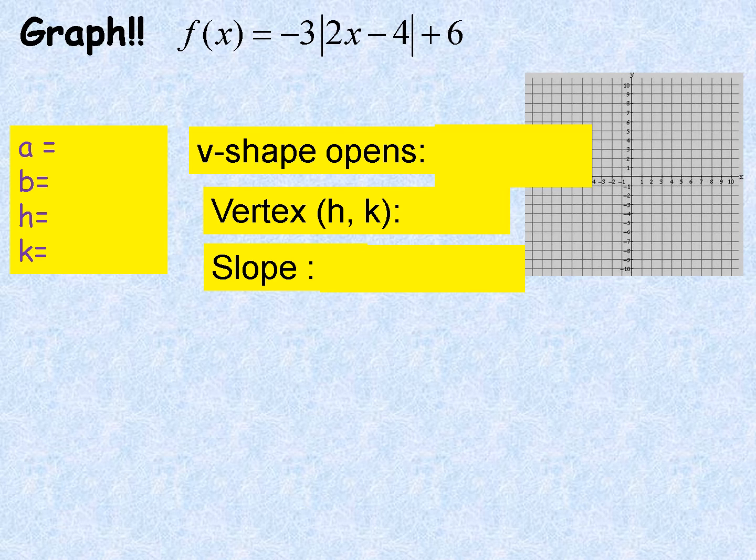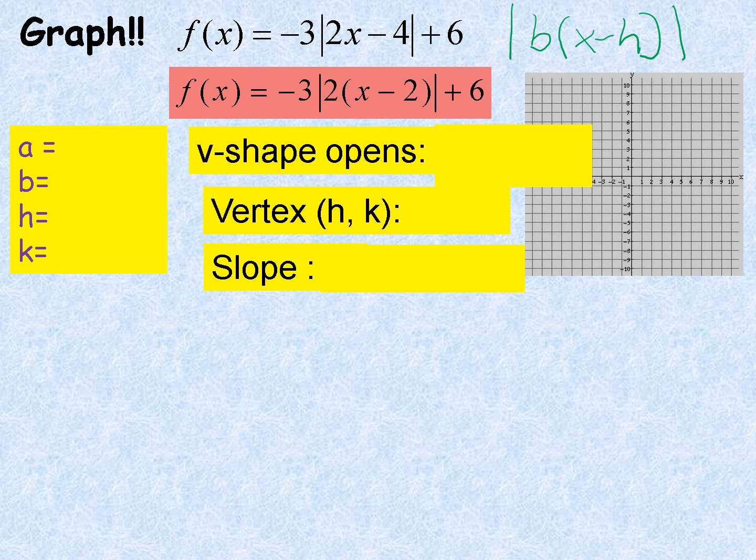Because if you remember, the inside of the absolute value bars is B times x minus H. It's still inside the absolute value bars, but you've got to factor it out so it's a standalone factor. Okay, so that's the first thing I'm going to do.